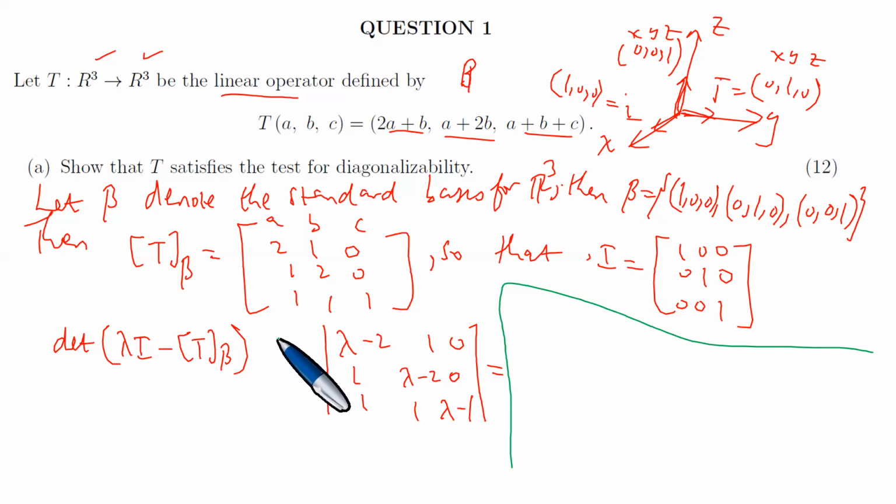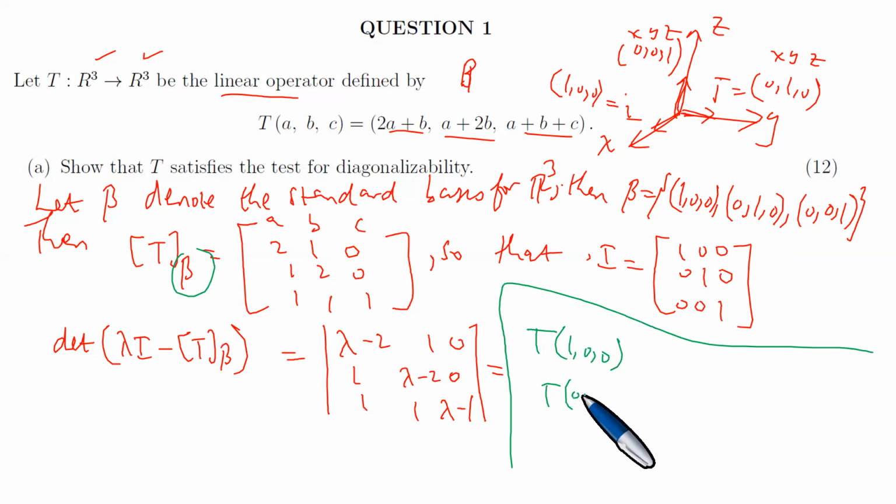For example, what is the image under T of the vector 1, 0, 0? You take the vectors from here, that's why it's T subscript beta.